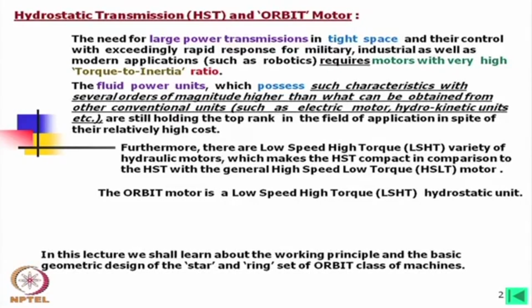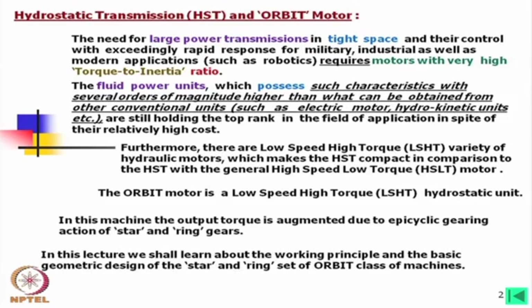In this lecture, we shall learn about the working principle and the basic geometric design of the star and ring set of orbit class of machines. In these machines, the output torque is augmented due to epicyclic gearing action of star and ring gears.